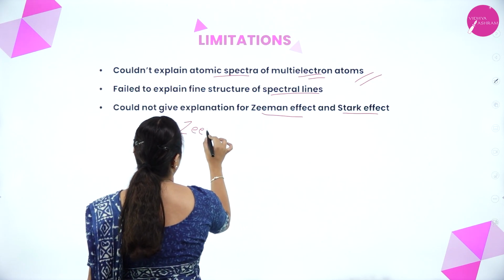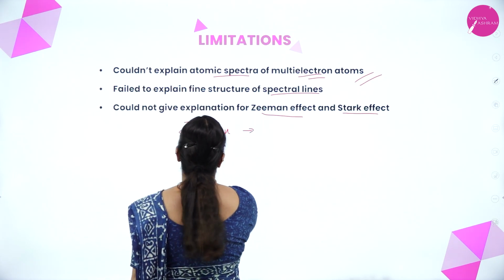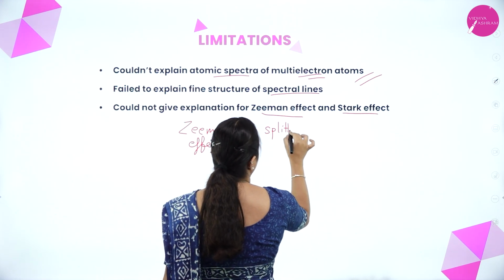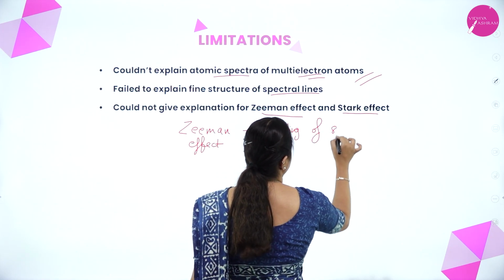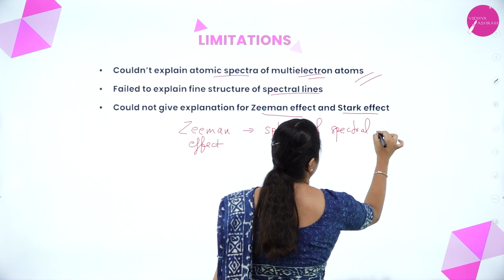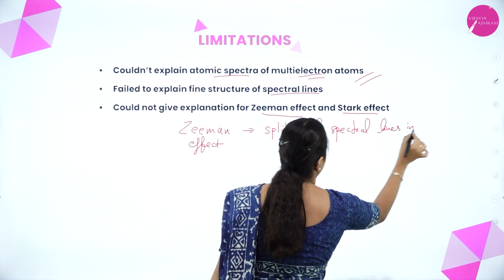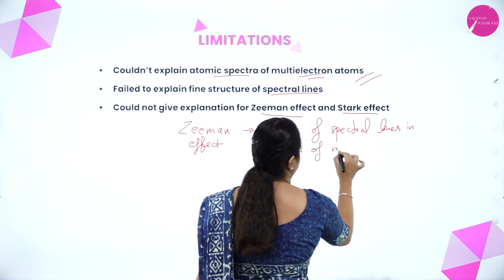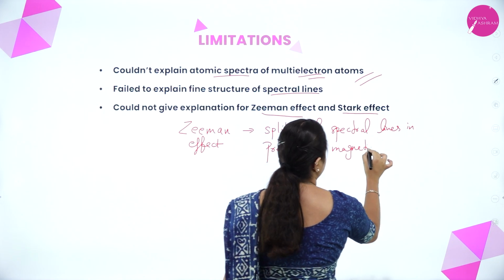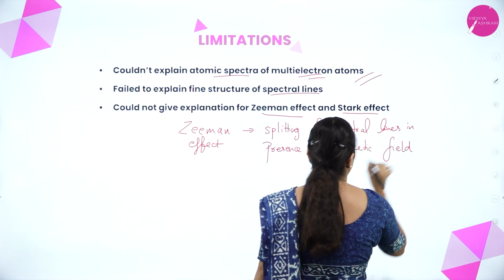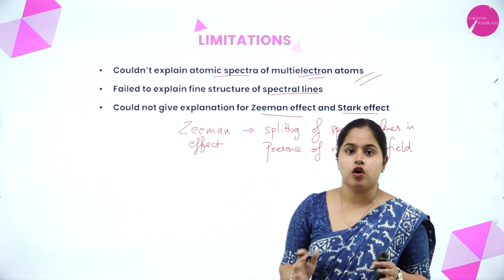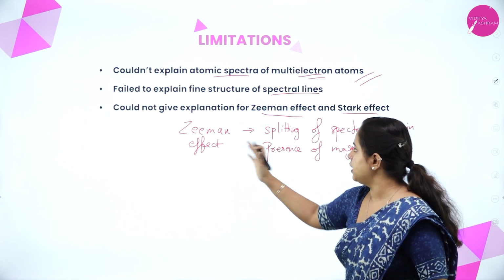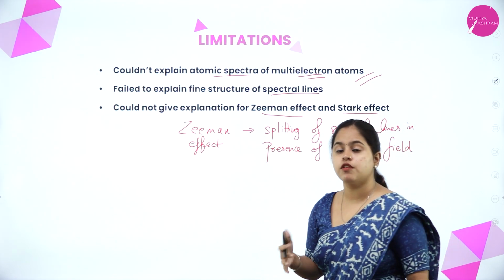Clear? How in the presence of magnetic or electric field the spectral lines will act, he was not able to explain. So that is Zeeman effect, that is splitting of spectral lines in presence of magnetic field.